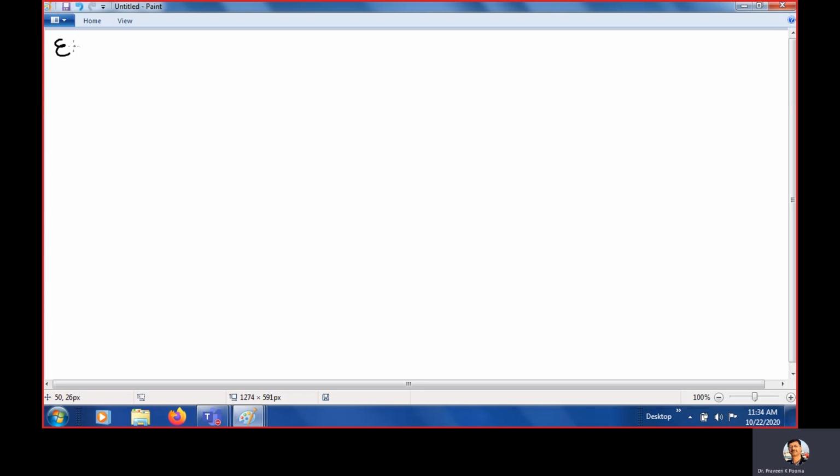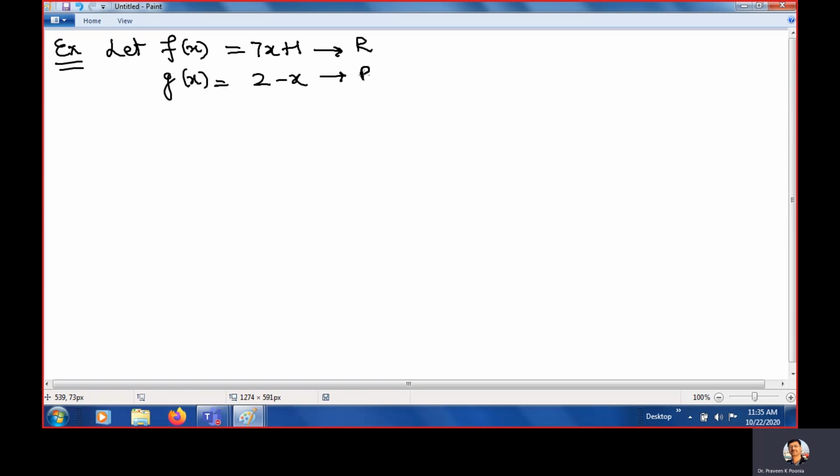So the example is here. Let f(x) is equal to 7x plus 1 and g(x) is equal to 2 minus x. Both I have considered polynomial functions. So what is the domain of these functions? Domain is R, because both are polynomial functions.